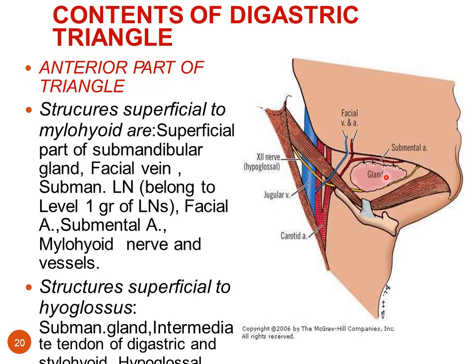So the main content of the anterior part of the digastric triangle is the superficial part of the submandibular gland. Then we have the facial vein, right? Then some submandibular lymph nodes. Then we have the facial artery, submental artery, mylohyoid nerve and vessels, submental vessels, and also a part of the hypoglossal nerve you see in the anterior part of the digastric triangle.